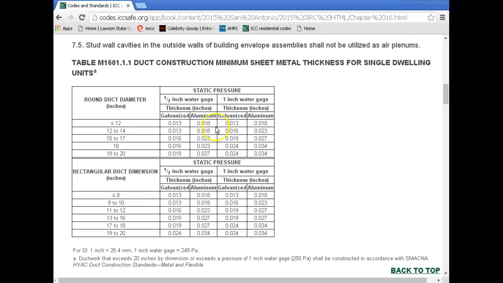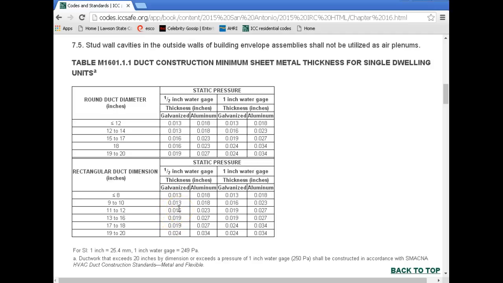Static pressure, the 12 didn't have any kind of pressure rating. Most people do use a half-pound system. Are you using galvanized? Yes. I'm going to use aluminum if we're building trailers. And there is our thickness, okay?